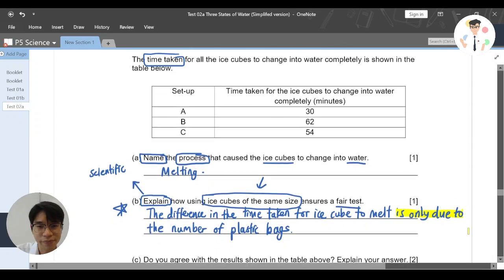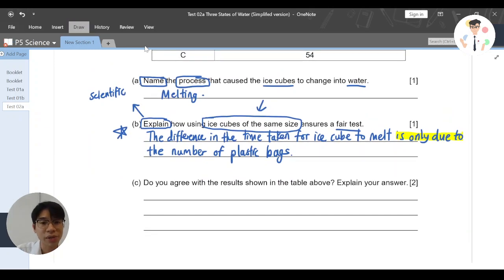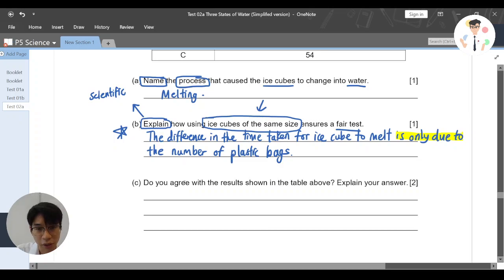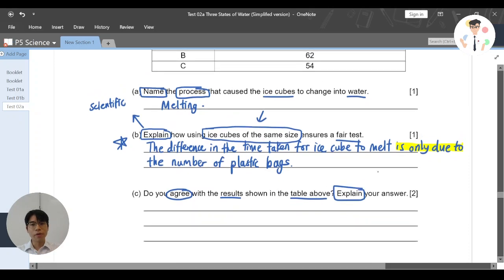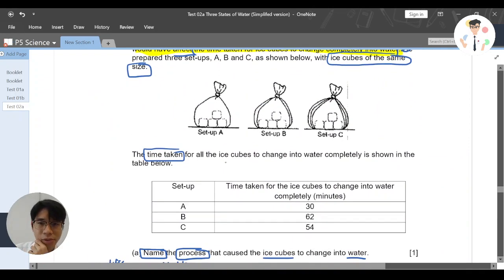Okay? So let's look at C. Do you agree with the result shown in the table above? Explain your answer. Now, let's look at here. Firstly, you should understand the concept first.